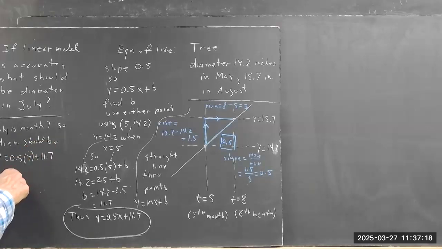Well, that comes out 3.5 plus 11.7, 15.2. Now, does that make sense?